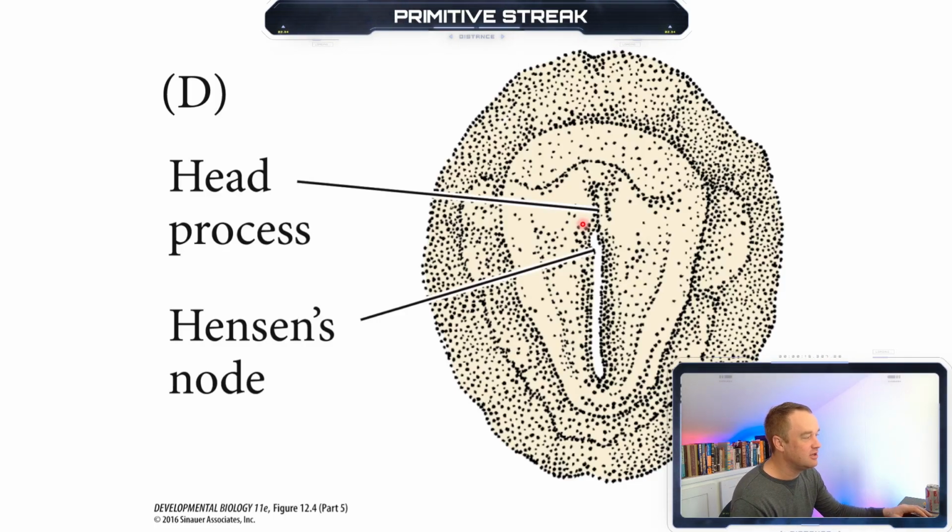The center of Hensen's node forms a pit where cells can enter the embryo and form the notochord in the prechordal plate. So we'll get into the neurulation stuff a little bit further on, but that all happens. So this is an important feature to keep in mind, Hensen's node up there.